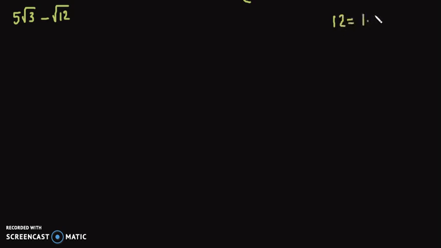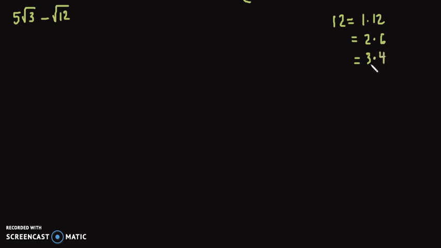equal to 1 times 12, equal to 2 times 6, and 3 times 4. Again, among these 3 factors, you can see that 4 is actually the perfect square.